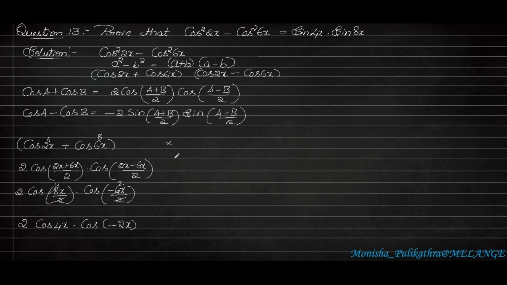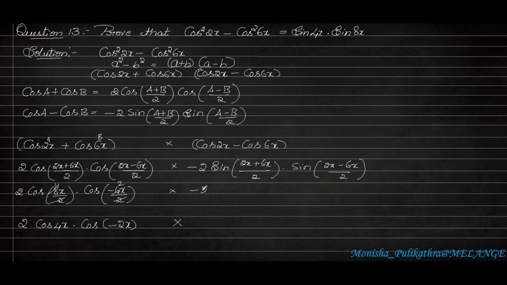Okay. So in the same way we have to simplify the next equation, that is cos 2x minus cos 6x. So cos 2x minus cos 6x will be in the form of cos A minus cos B, where this formula will be applicable. That is minus 2 sin A plus B by 2, that is 2x plus 6x by 2 into sin A minus B by 2, that is 2x minus 6x whole divided by 2.